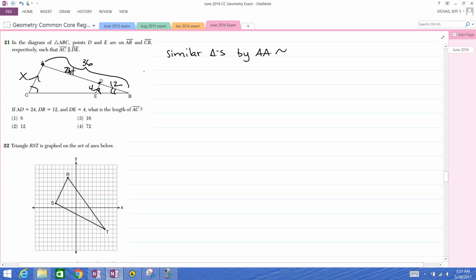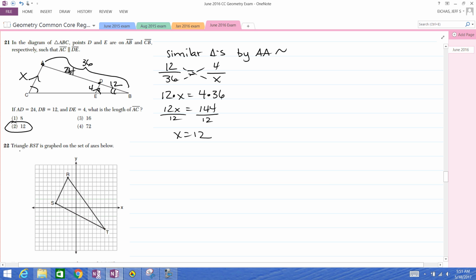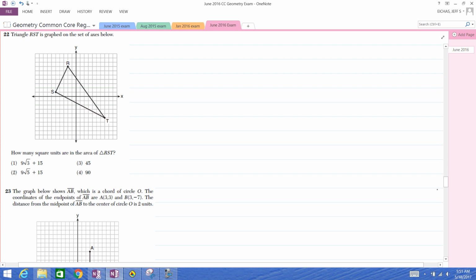Now, what will be proportional is 12 to 36 is proportional to 4 to x. So we will cross multiply. It's 144. And make sure that's what we wanted. So good.